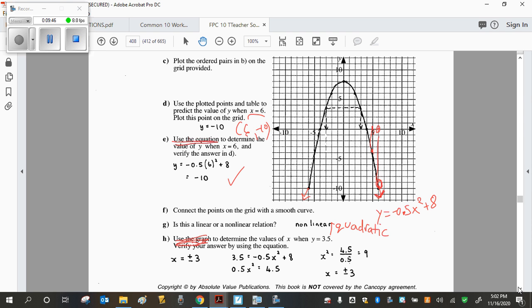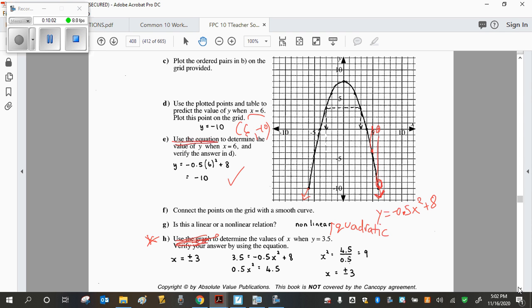And I like this one, use the graph. Remember what I said, I believe yesterday, is that just because I ask you for the x, y intercepts, you can expect to have more than one x and y intercept in several questions.